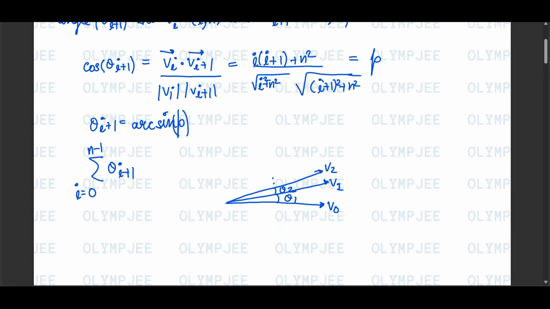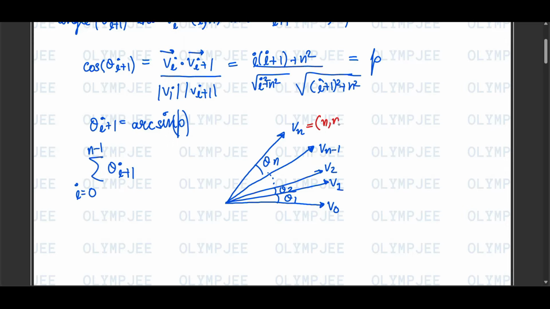And if we continue this, then we will get vn minus 1 here and vn here. So this will be theta n. So we need to find the summation of these angles till vn, right? And we know that vn has the coordinates n comma n.